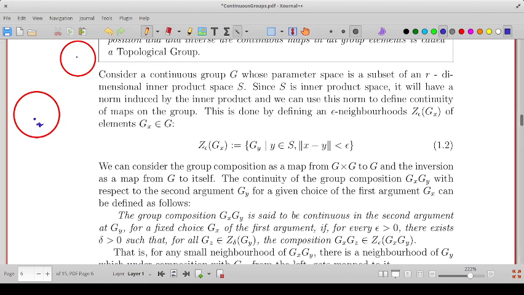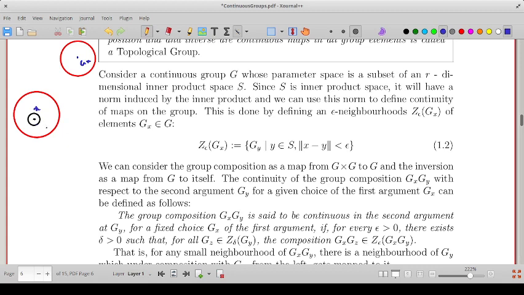This is X and this is Gx. Now we can consider a neighborhood of the point x in the parameter space. This is x, and this is a neighborhood of x in the parameters.